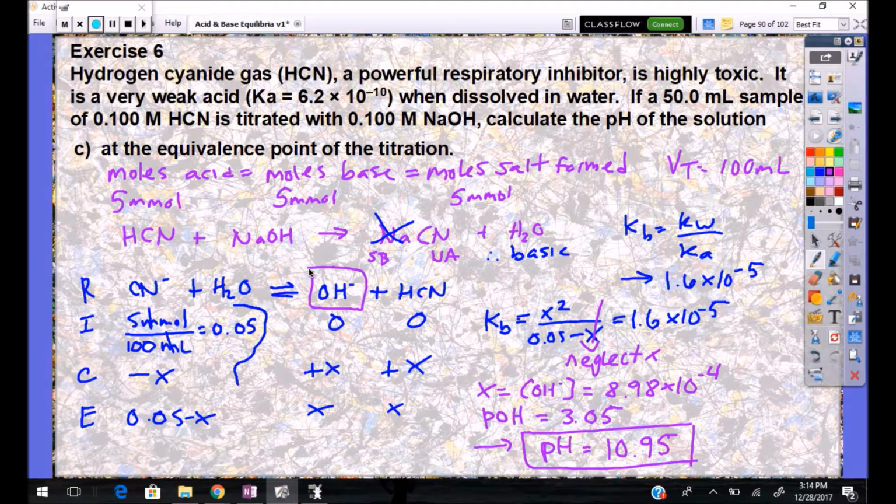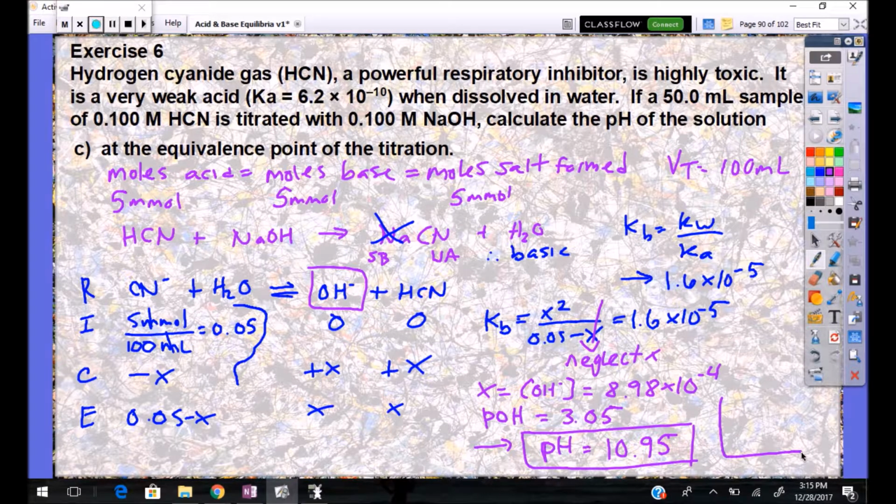And of course, we have to be careful because that's our OH concentration. So then that gives us a pOH of 3.05. I end up with a pH of 10.95 at the equivalence point. This makes sense if we were thinking about our graph, right?